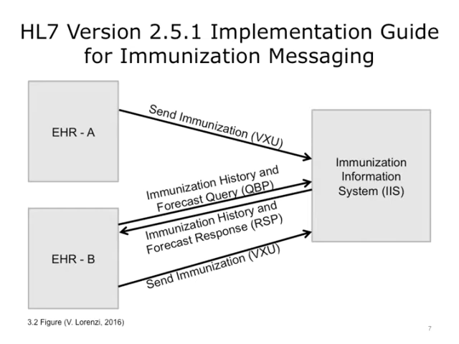Then the clinician is able to have a full picture of the patient's immunization records as he or she makes immunization decisions. If the clinician then immunizes the patient, a VXU message would be sent to notify the IIS of the new immunization administration. The data flow between EHR B and the IIS depict this scenario.